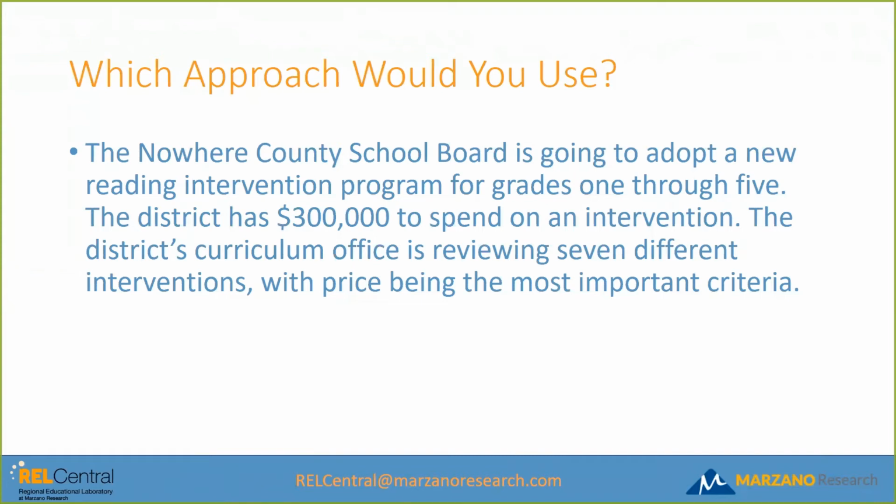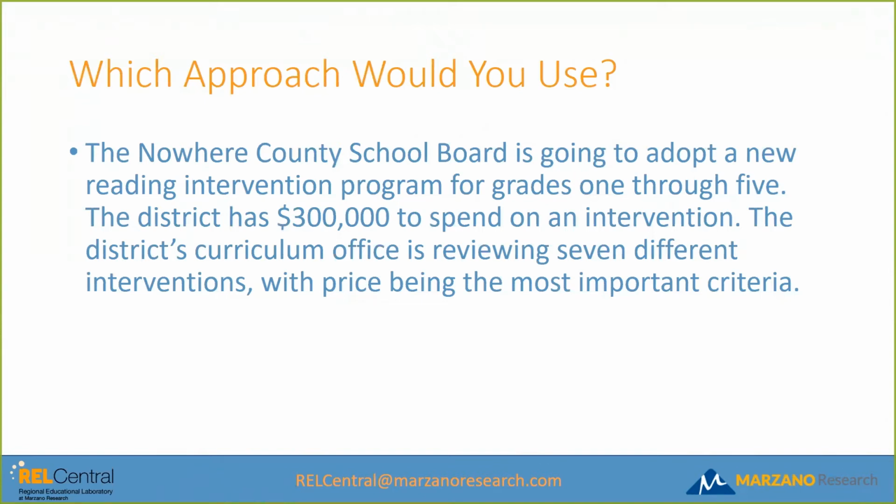Okay, well, it looks like the vast majority of people responded with the answer that I think we would agree with, and that is that the recommendation would best be made via a cost feasibility analysis, because really for the Nowhere County School Board, the $300,000 maximum budget for the intervention was the key criteria.